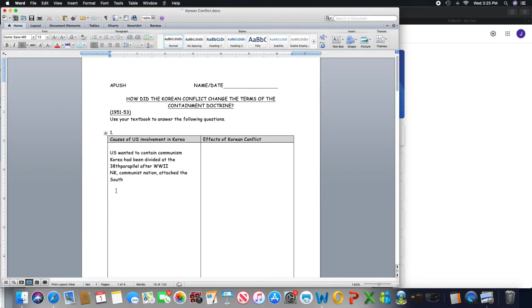Okay, so let's add that in, that the UN voted to get involved, but the Soviet Union wasn't present to veto this action because they were boycotting, due to its refusal to recognize communist China.